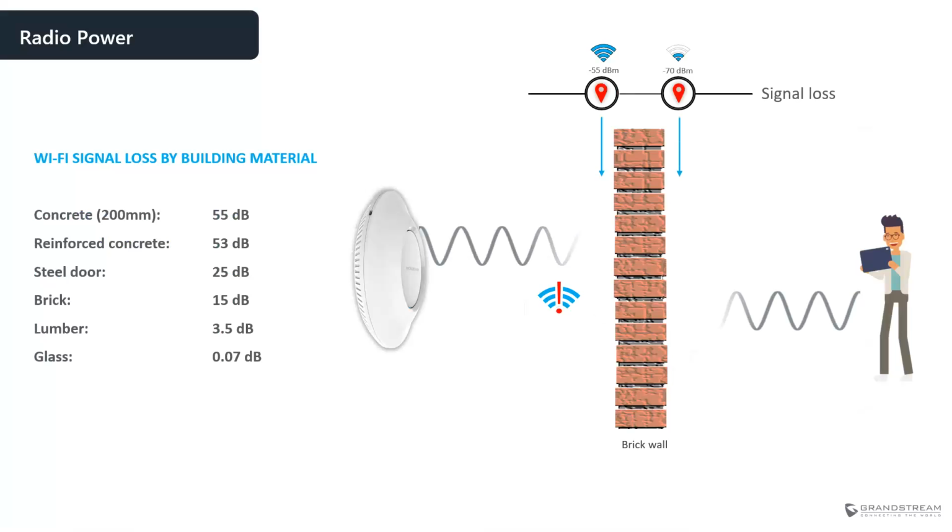However, the transmission from the wireless client to the access point might not have enough strength to reach the access point. This can increase the retransmission rate, which can eventually slow down the wireless connection. And in some cases, the wireless client may not even connect to the access point.